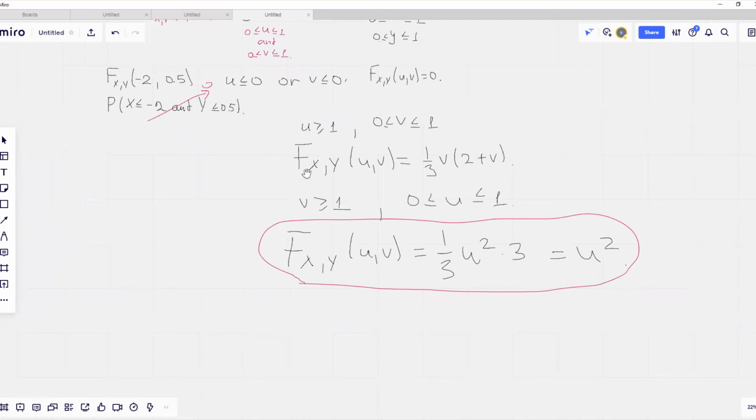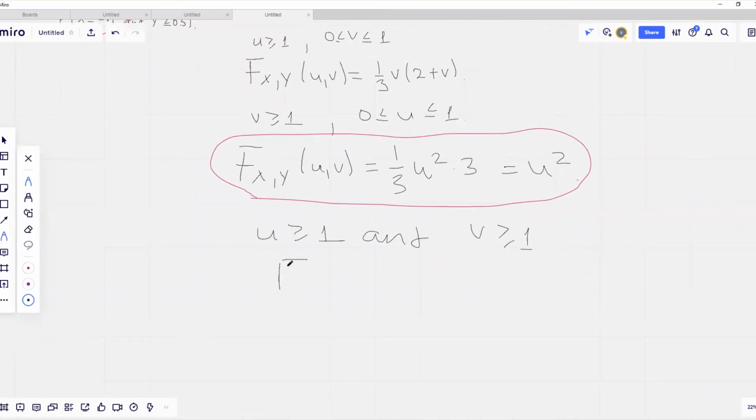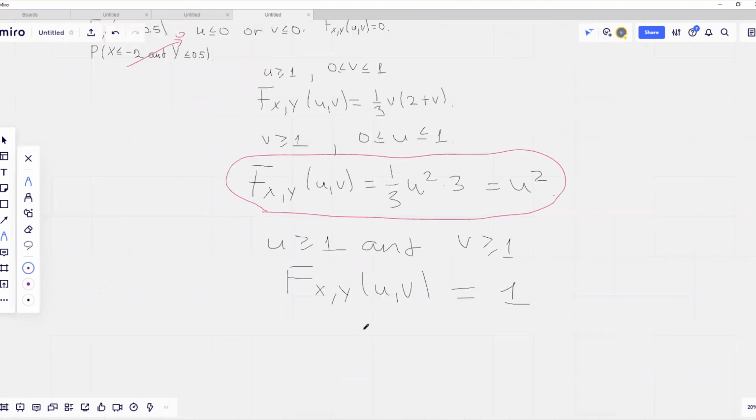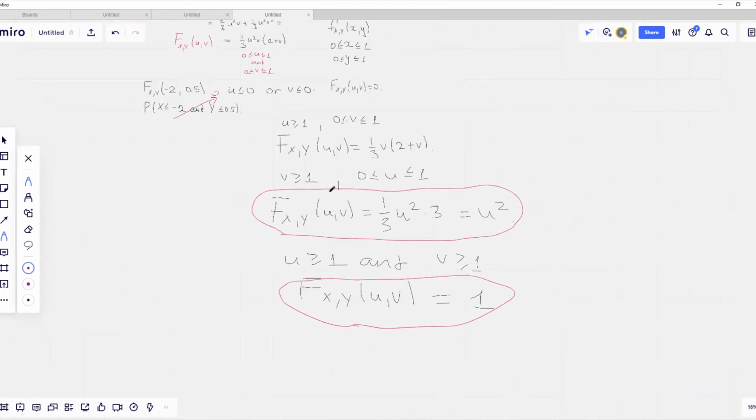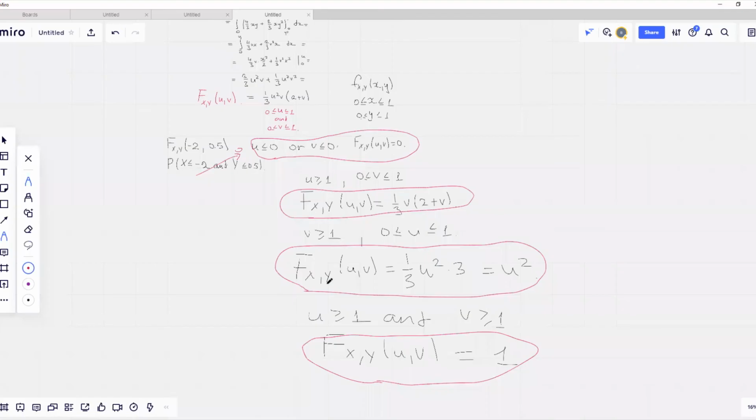Now, in a case, let's assume when u is greater than 1 and v is greater than 1, then CDF f of uv is going to be equal to 1. Well, that should be all the cases.